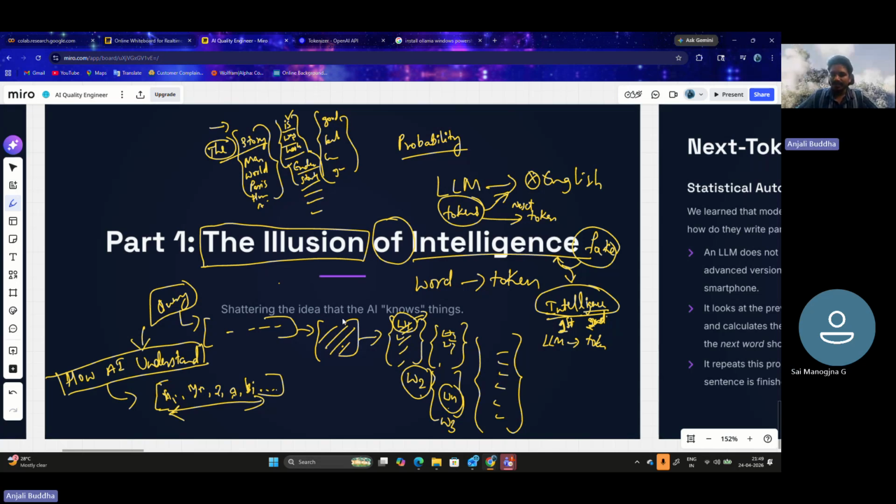And then with that data, it tries to generate the first token. Then it continues until the answer is completed, or until there is a physical limit on how many tokens it has to generate. Till then, token generation continuously happens.